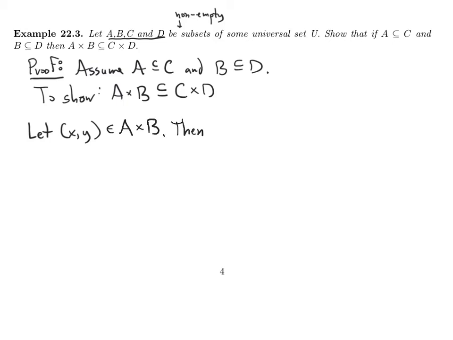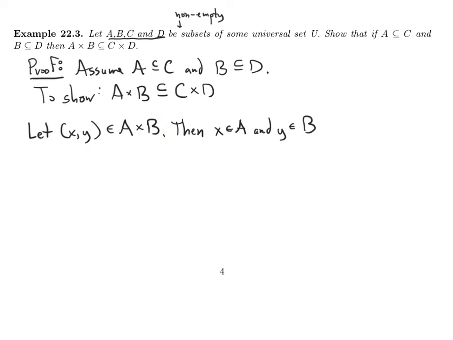Then it must mean that x is an element of A and y is an element of B. Because that's the definition of a Cartesian product. In these elements, each entry comes from the corresponding set. So x is an element of A, y is an element of B. That's what it means to be in this Cartesian product.